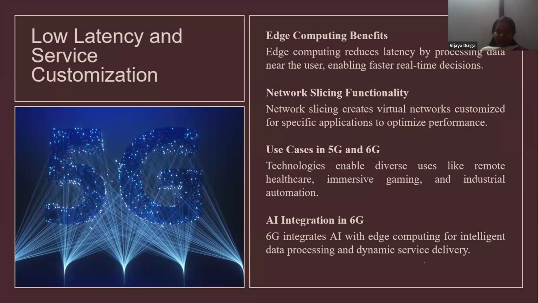Automatically, it can perform effectively by adding the intelligence, enabling faster real-time applications. Then network slicing functionality. Network slicing creates virtual networks customized for specific applications to optimize the performance. So network slicing is nothing but creating a virtual network, so we can easily optimize that.